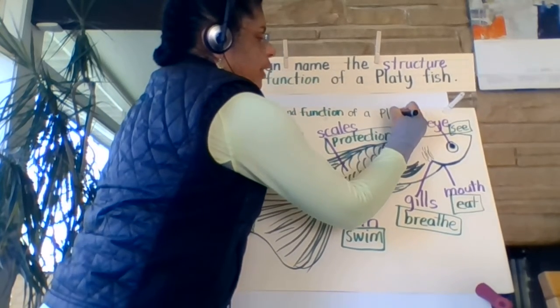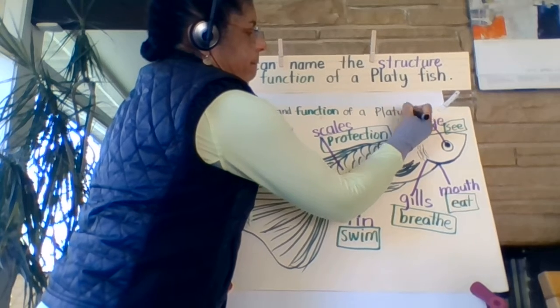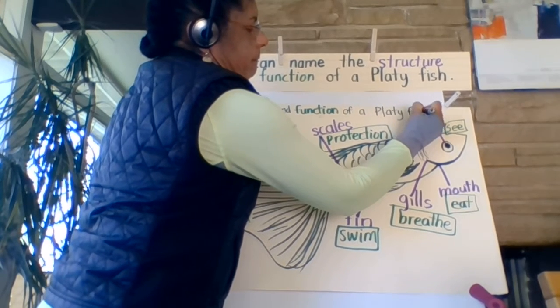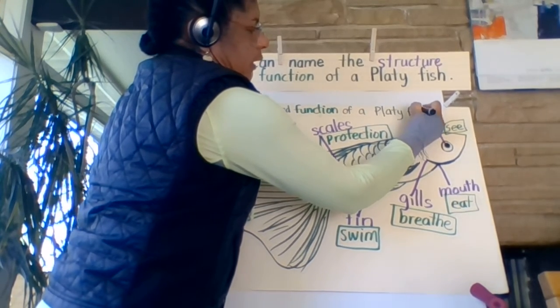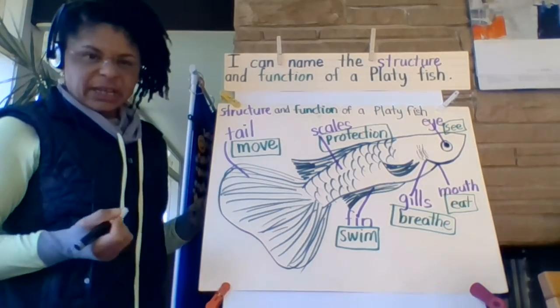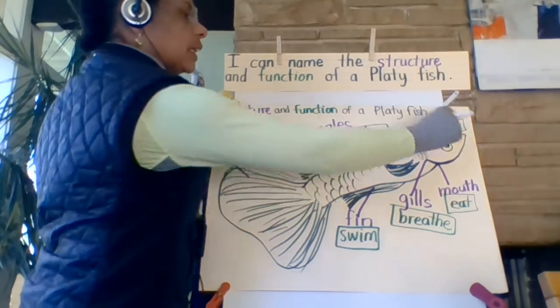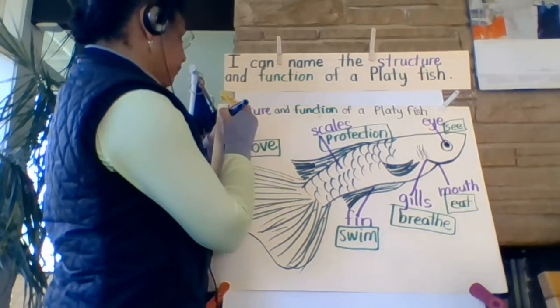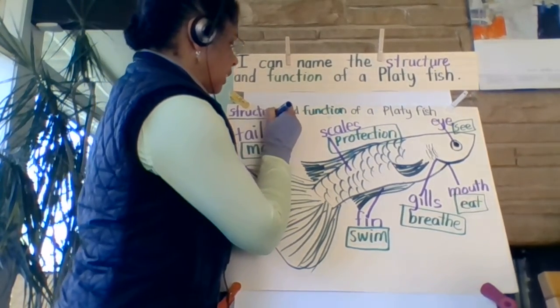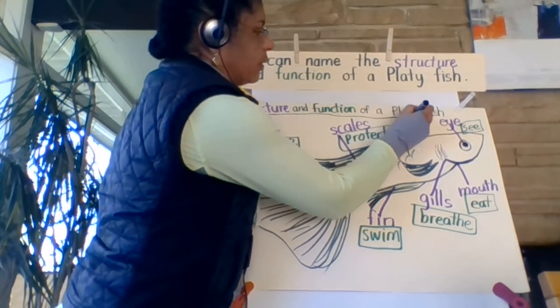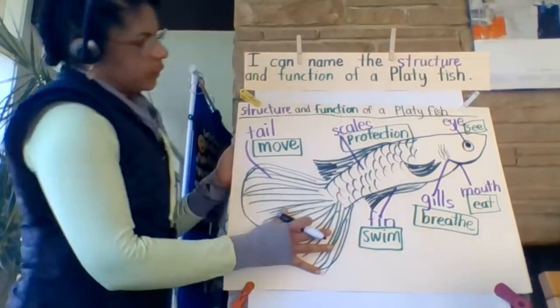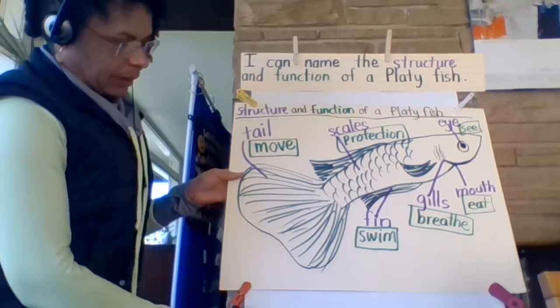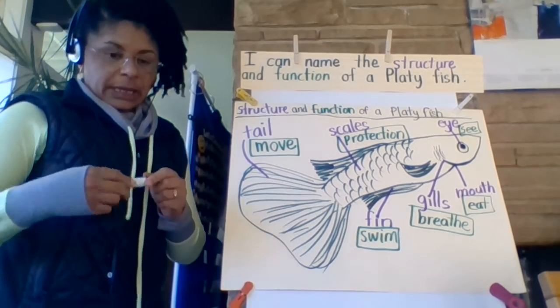Boy, my board. And just like I do when I'm writing a story, since this is my title, I'm going to underline it. Always, always underline your title. Okay, so that's my title and I'm going to underline it.